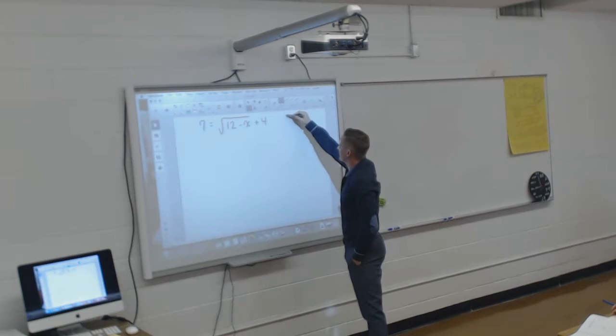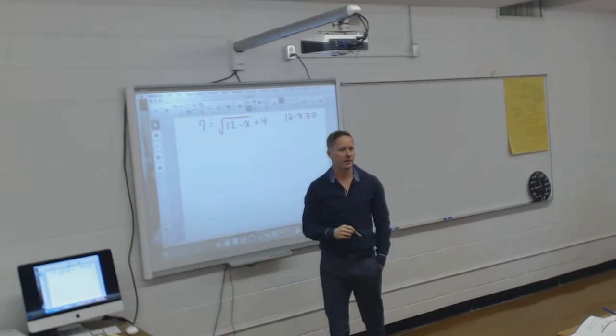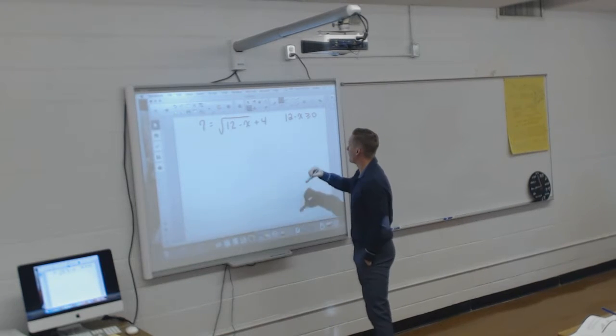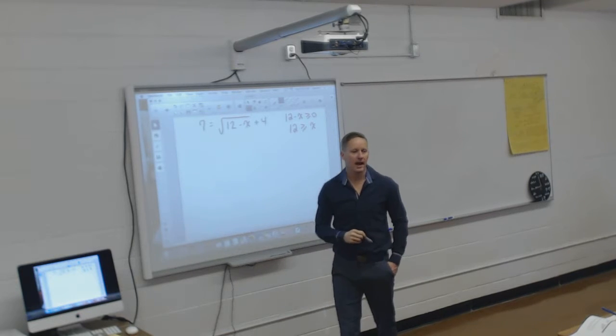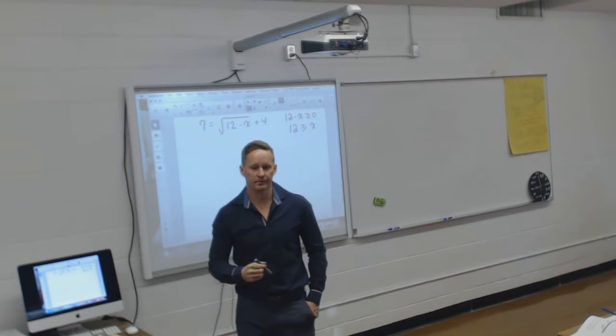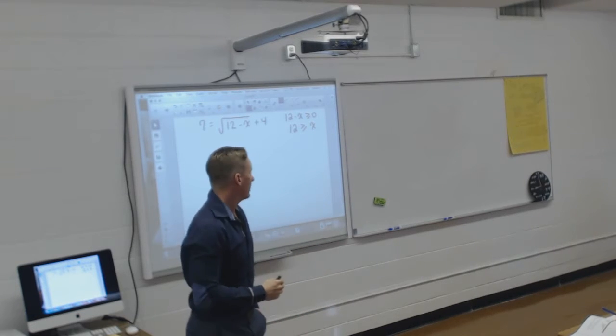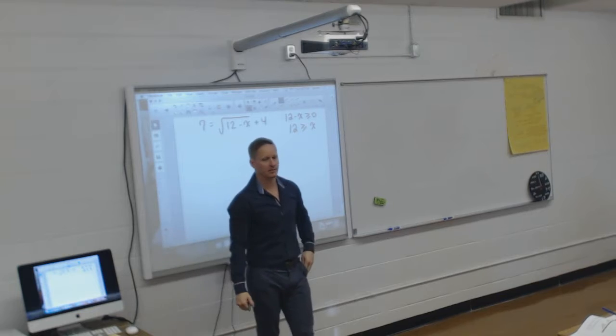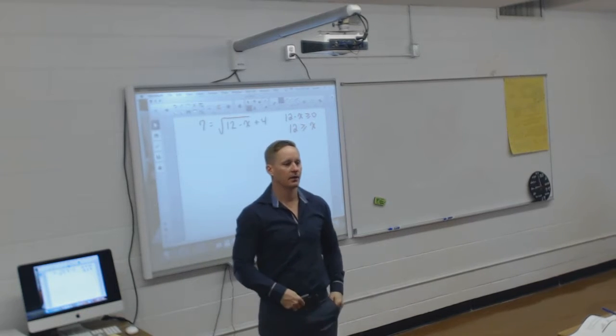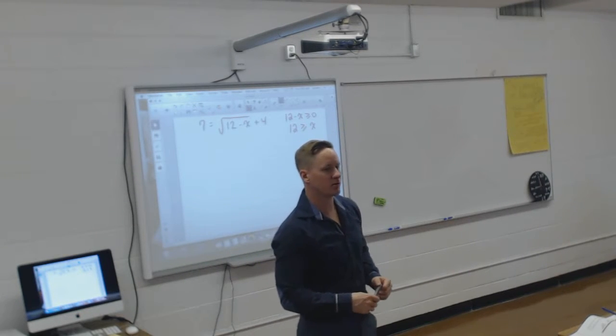So I say 12 minus x has to be greater than or equal to 0. Solve for it. Therefore, x has to be less than or equal to 12, just by adding x to the other side. So there's my restriction on it. I have to have a value that's less than or equal to 12.